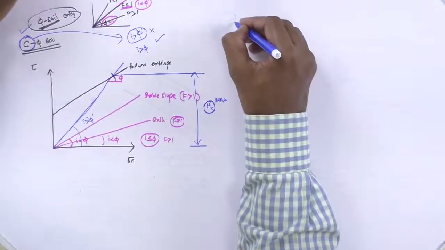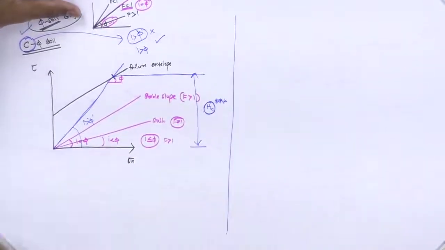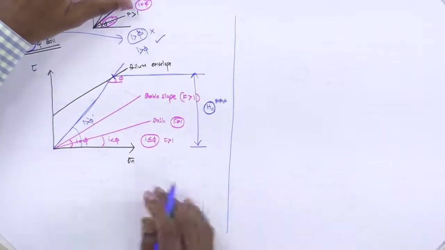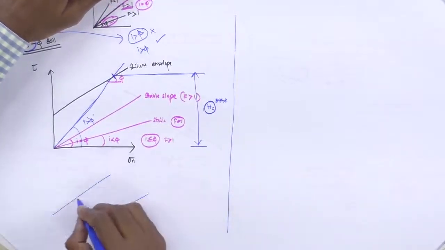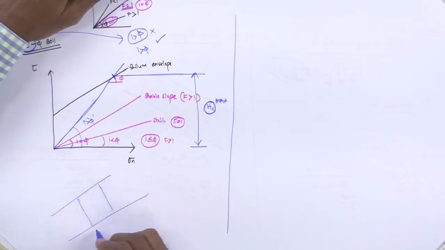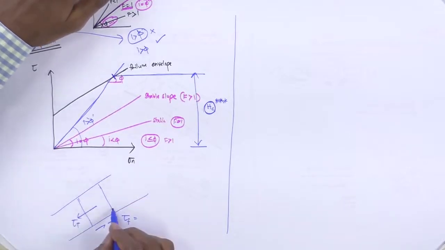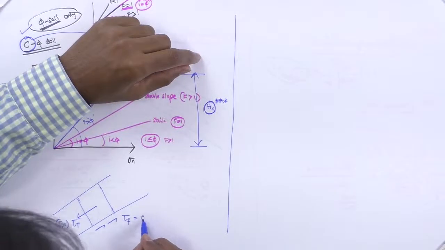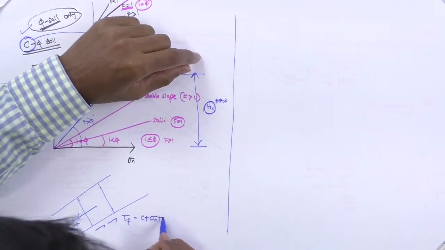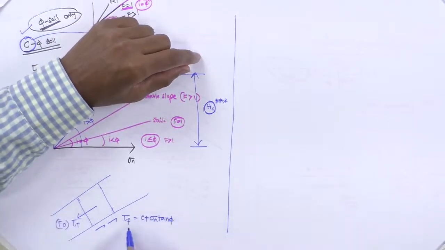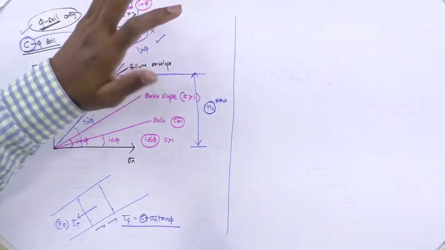Let us see how it works in a derivational way. The same portion may be taken like this, and the tau which is developed is tau f. This is the tangential force, going to be driving because of the driving force. So this tau f is going to be c plus sigma tan phi, because c is also contributing here.